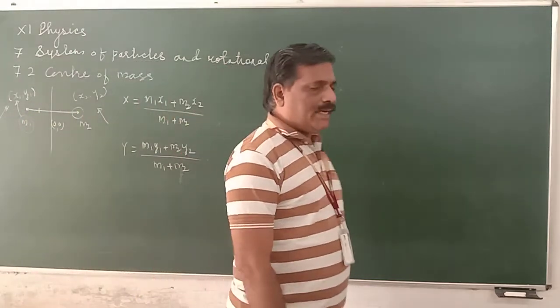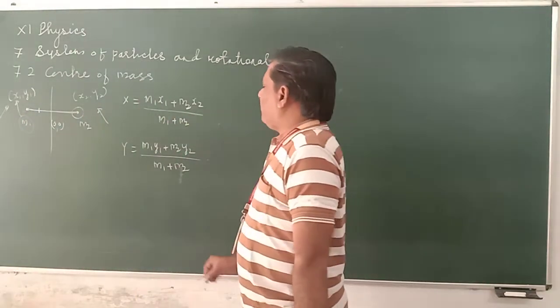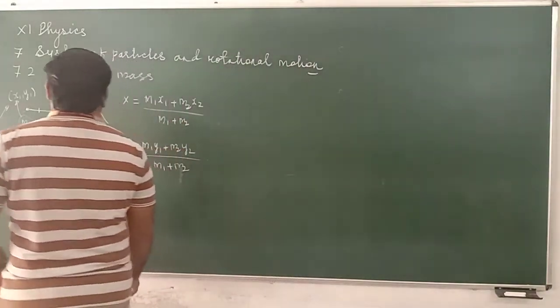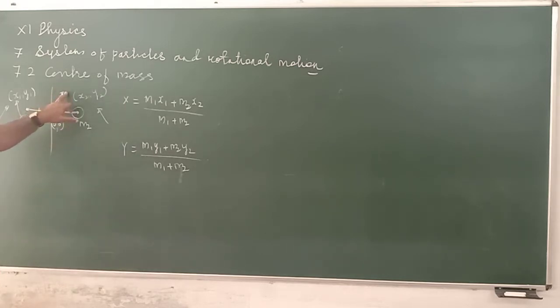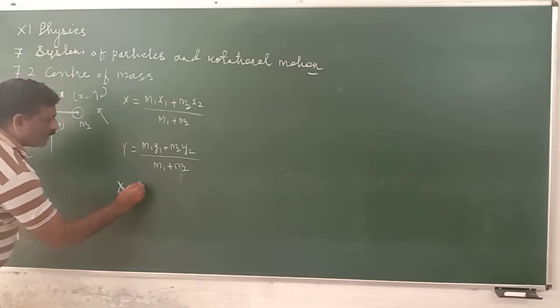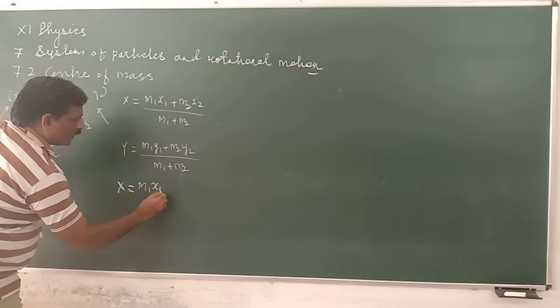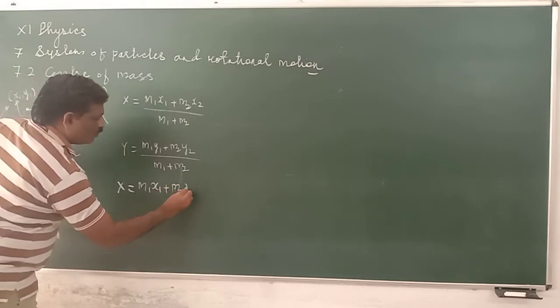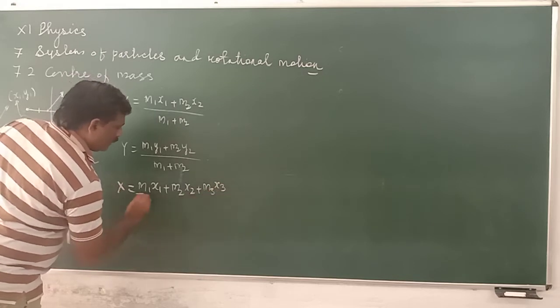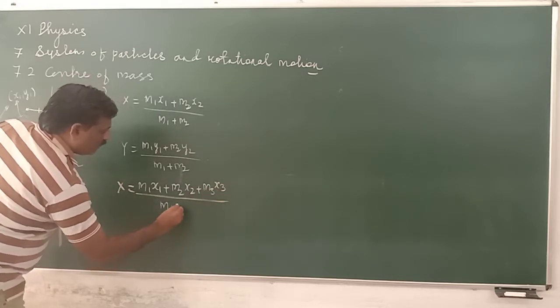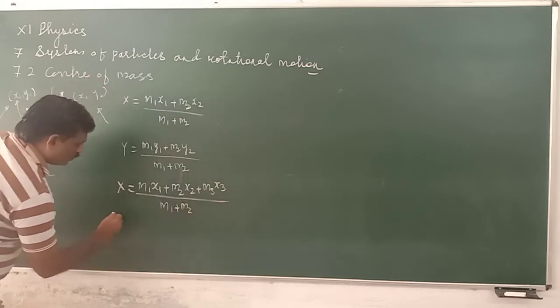Now let's extend it to three particles. Here these two have a center of mass, and this is considered a combination of these two, and this is the third one. So again it becomes x is m1 x1 plus m2 x2 plus m3 x3 divided by m1 plus m2 plus m3.